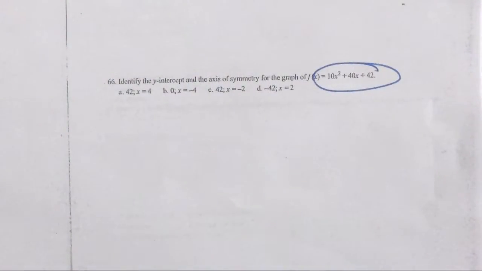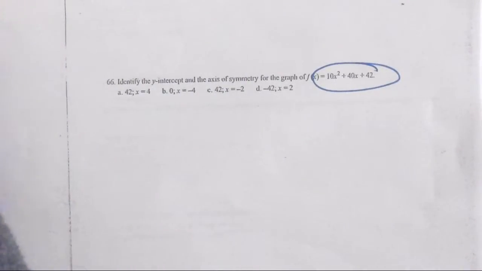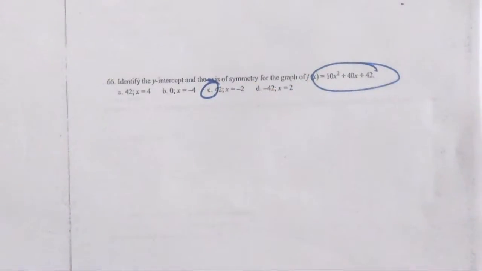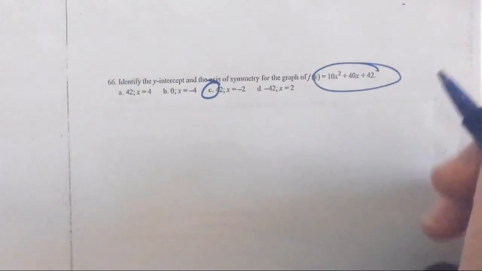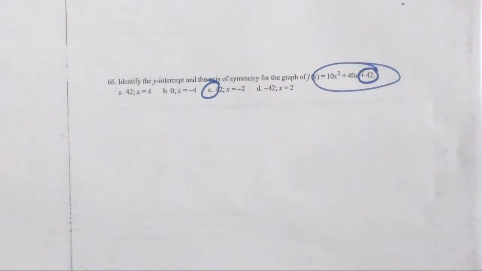I'm going to actually type in 10x squared plus 40x plus 42 into my graphing calculator. Okay, the y-intercept is when x is 0, so I knew for sure the y-intercept was that last term, so I knew it was a positive 42.